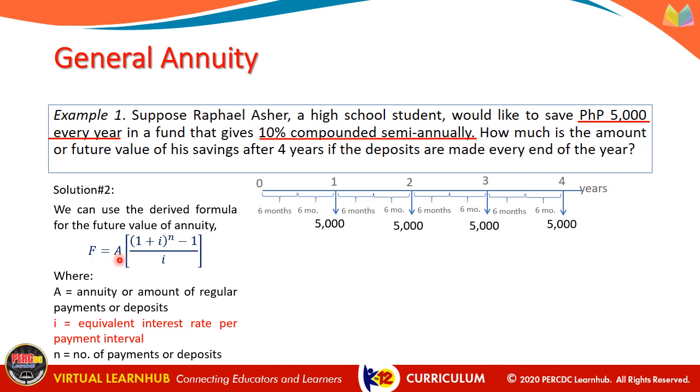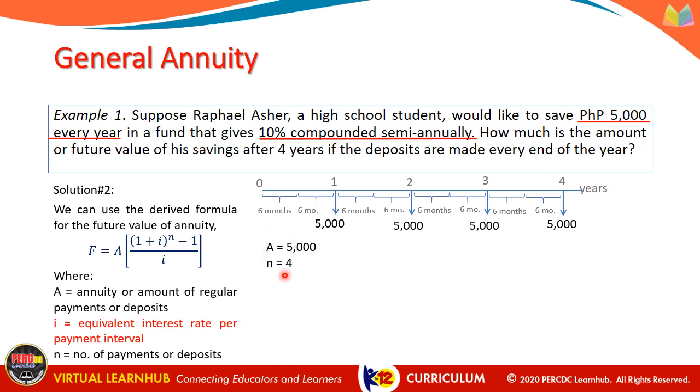F is equal to A times quantity 1 plus I raised to n minus 1 over I, where A is the annuity or amount of regular payments or deposits, I is the equivalent interest rate per payment interval, take note of this one, and n is the number of payments or deposits.